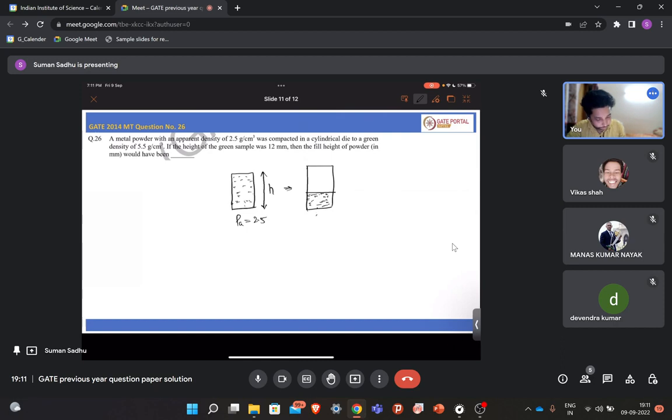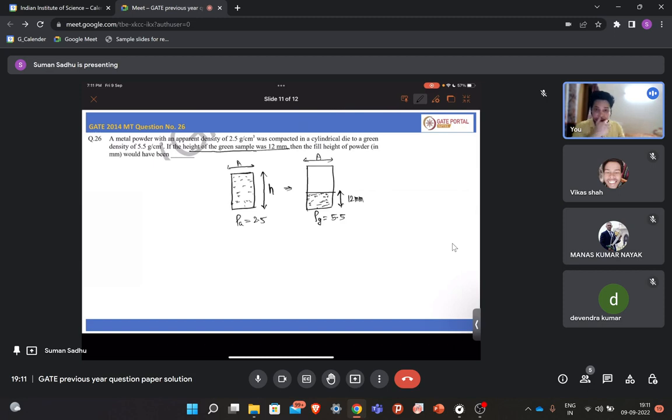In this case, rho G is 5.5. The height of the green sample is given, that is 12, and this height is h. Now the area of this cylinder is A.